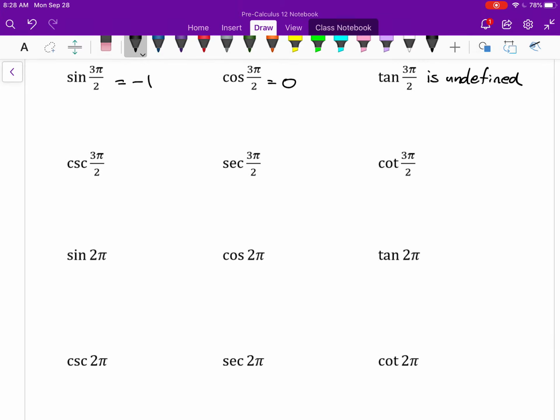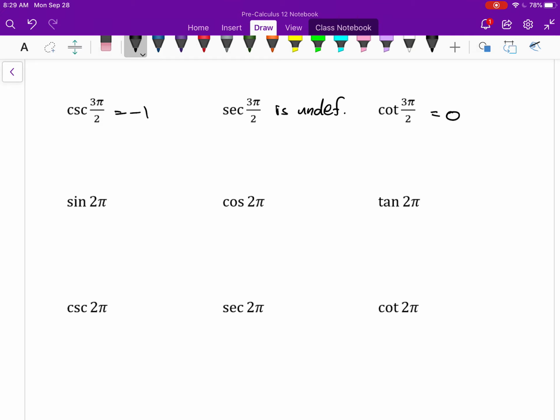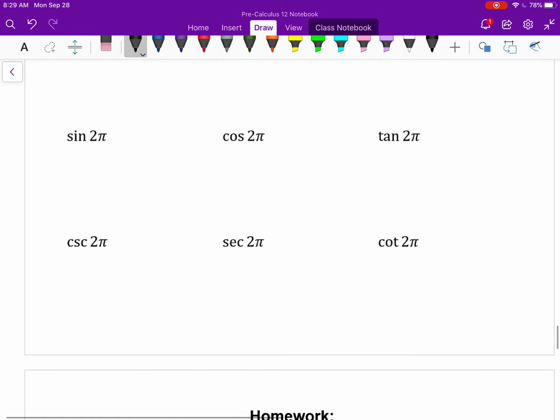Cosecant is -1, secant is undefined, and cotangent is 0.